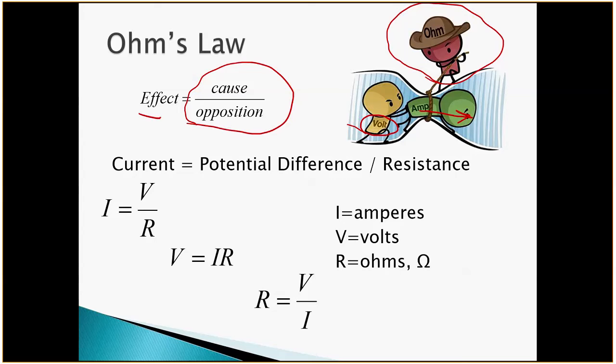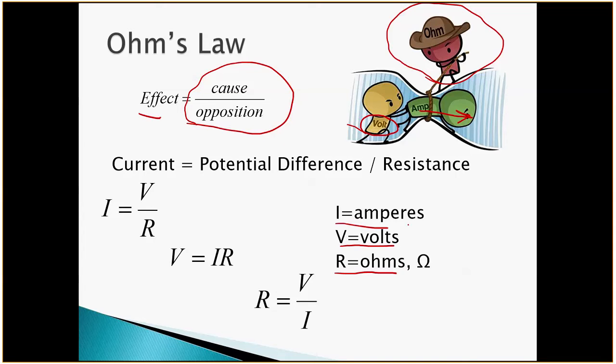Now, I've laid out 3 different equations that deal with current in amperes, volts, V, and resistance, ohms. The effect is the actual current in amps. The cause is the volts, and the resistance is the opposition.